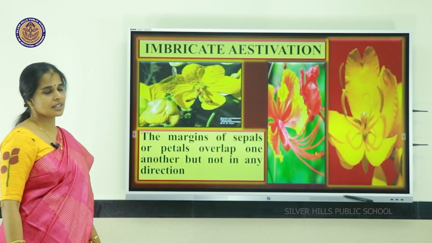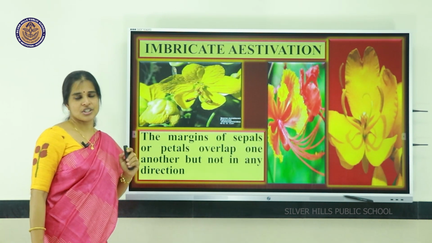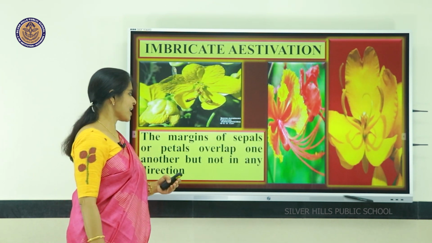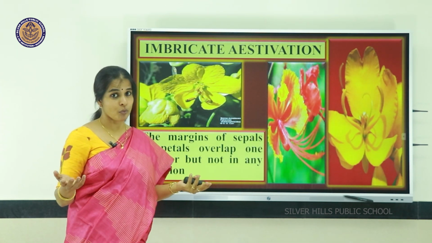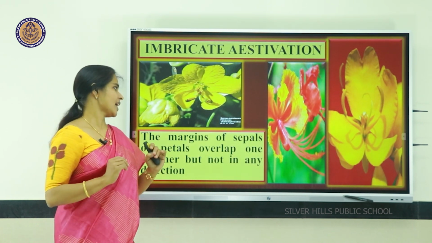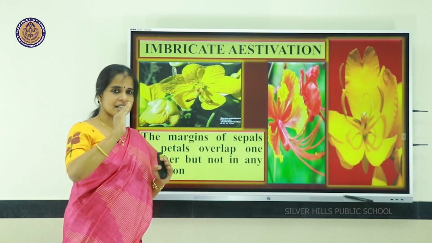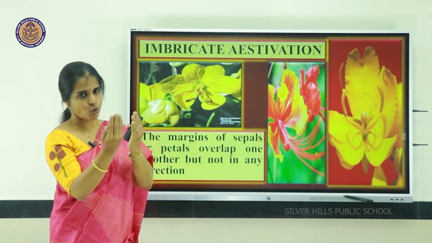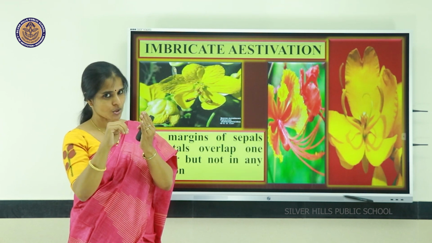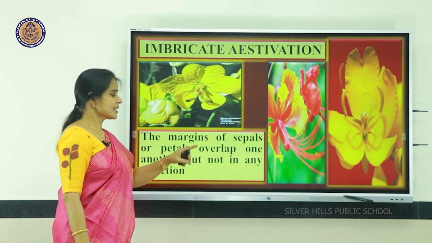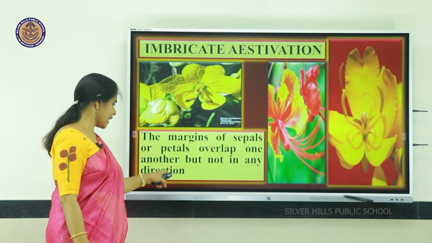Next, the third one, imbricate aestivation. In imbricate aestivation, the margins of sepals and petals are overlapping, the same way we have seen in twisted aestivation. But in twisted, it was arranged in a synchronised way, that is, one side is overlapping on each next one. So, that arrangement is known as twisted. Here, it is not arranged in any direction.